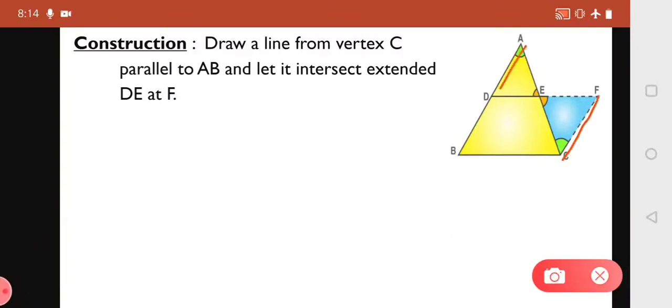These two lines are parallel, AB and CF. They are parallel to each other, and we extend the midpoint line, that is DE, in such a way that it meets the drawn line at F. Yes, this is the construction we have done.